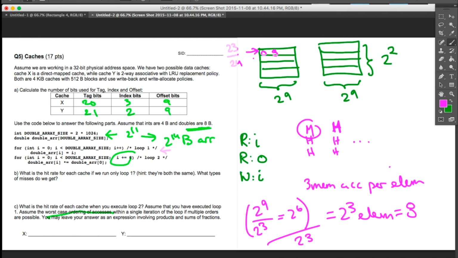And if you look at this next block, what happens? We miss because it's not there, and then we hit, for the exact same reasons as here, and then all the other elements will be hits because nothing overwrites this value. It's kind of the point of the two-way associativity, that we don't get any of those unintended conflict misses.